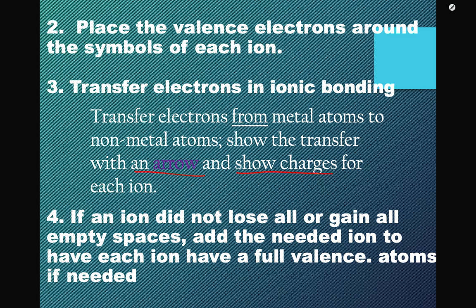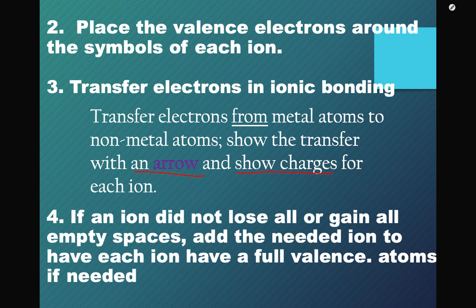And it will always work, assuming that you're drawing things correctly. So you figure out valence electrons, put your dots on, transfer the electrons with an arrow, and then you need to add ions accordingly until all atoms have lost and all atoms have gained the appropriate amount.